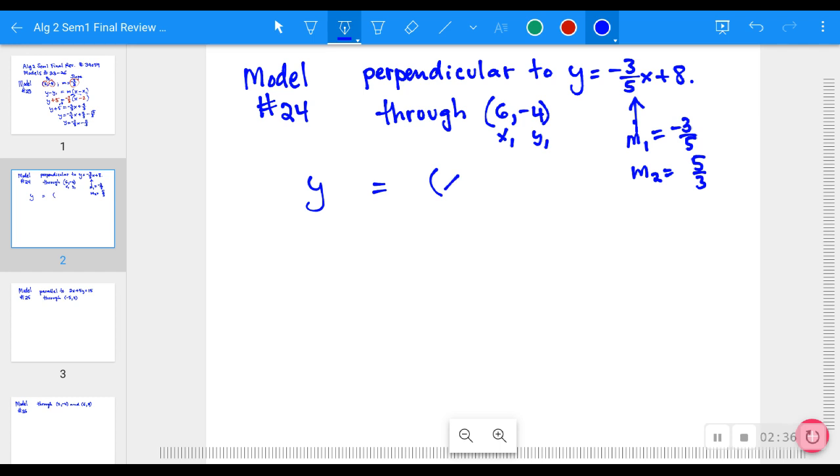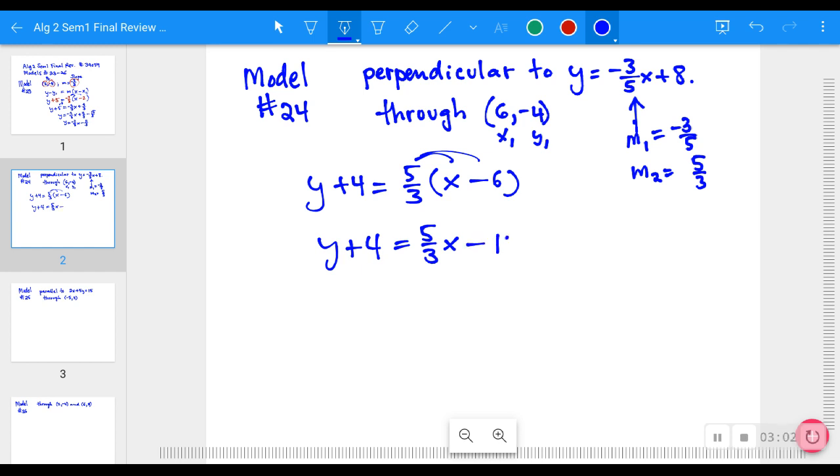Okay, let me set up the template here for point slope form. We're going to use a 5/3 for the slope, and the opposite of 6 down here, and the opposite of negative 4 there. And we'll be distributing here to change to slope-intercept form. When you take 5/3 times negative 6, you get negative 10.